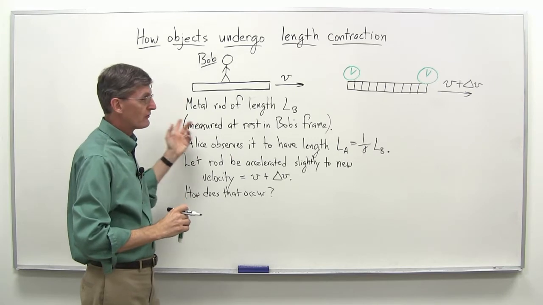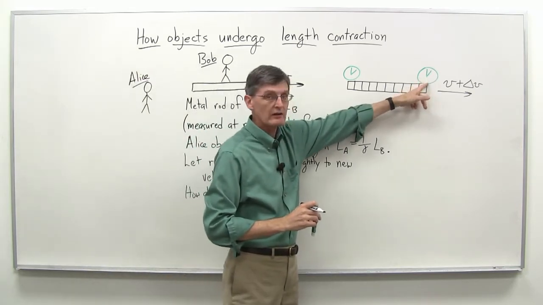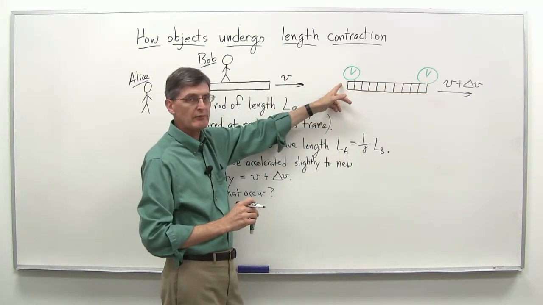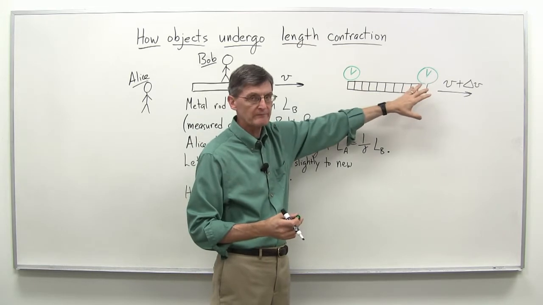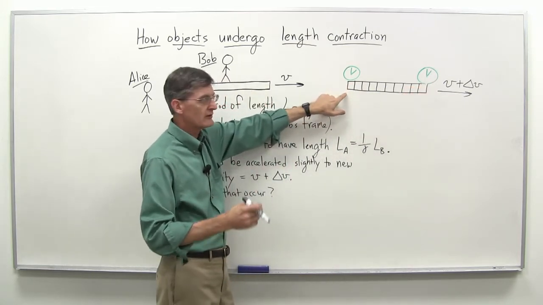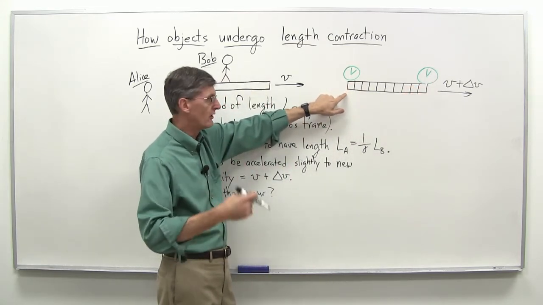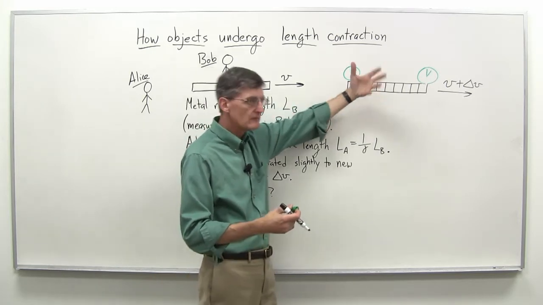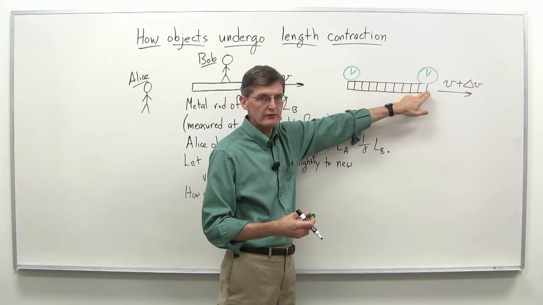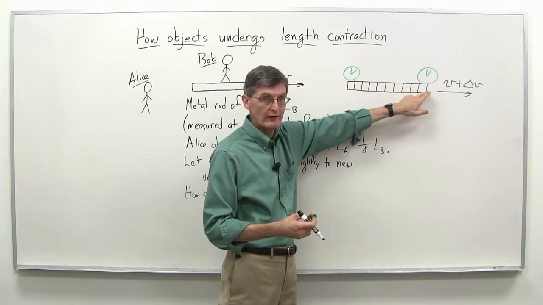But Alice, of course, sees this clock, the leading clock, lag behind the back clock. So in other words, this clock is ahead. Another way to say it, of course, this clock is ahead of that clock. So Alice will see the little impetus from the rocket turn on or the mallet hit. Alice will see this one happen first, and then, a little time later, the impetus given to the front. And so what happens?